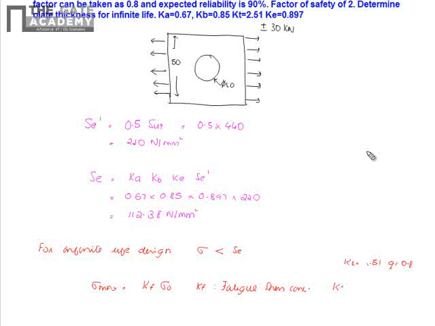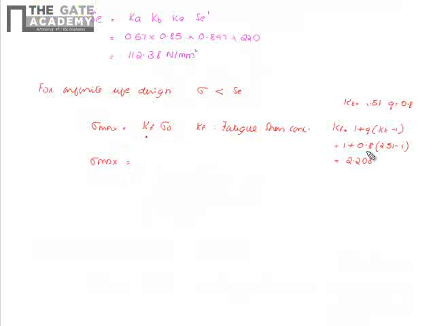So what will be Kf? Kf is 1 plus q into Kt minus 1, that's equal to 1 plus 0.8 into 2.51 minus 1. This is nothing but 2.208. Therefore the maximum stress is given as Kf into sigma naught, that is 2.208 sigma naught.